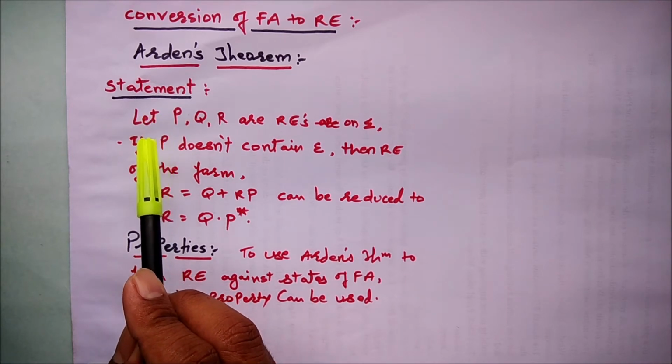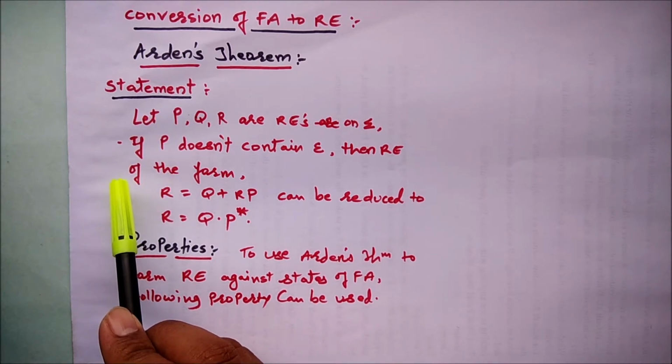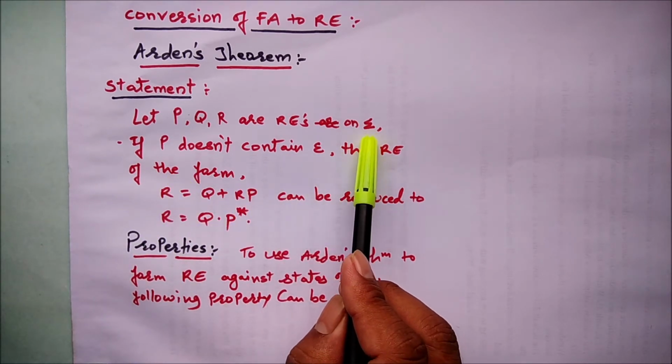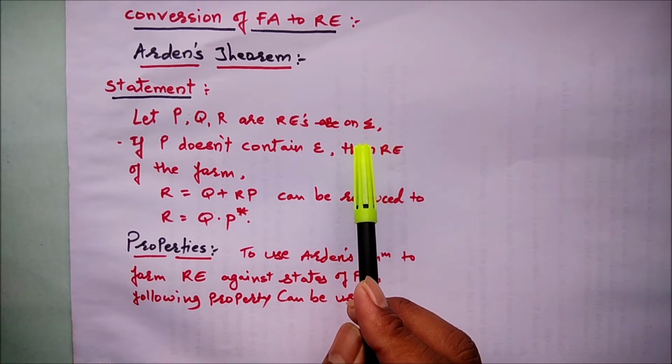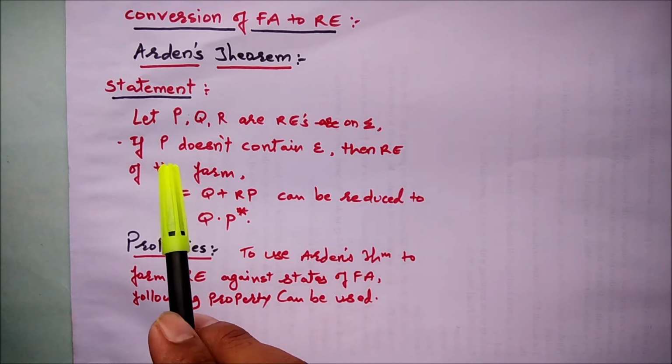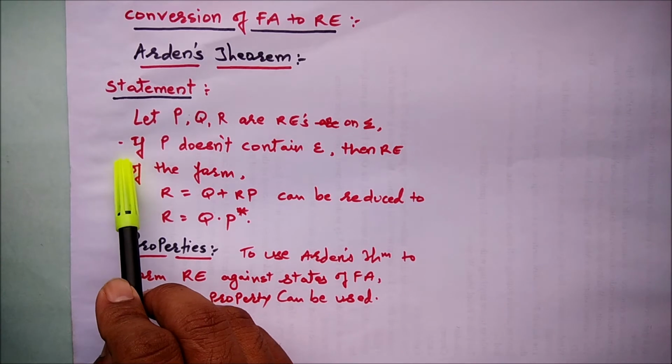Let P, Q, R be REs on a given sigma. So three regular expressions we can have here, that is P, Q, and R. And some condition is mentioned over here.